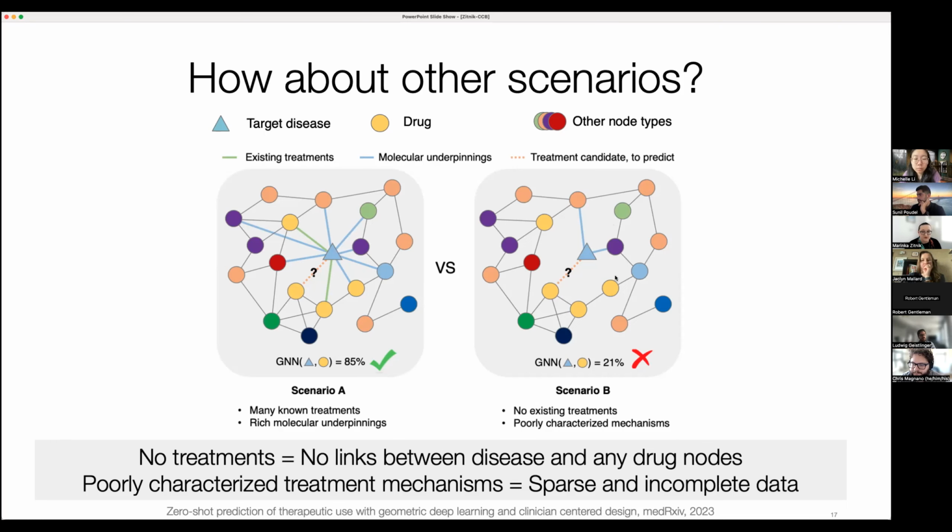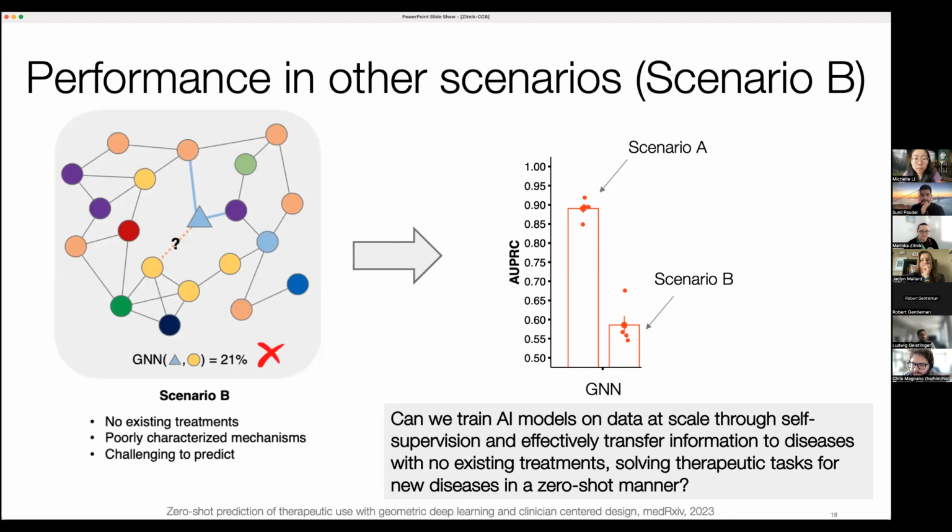So it becomes really challenging for existing methods to perform well in those settings. And this is not just speculation. We can evaluate state-of-the-art models under scenario B, where the model is tasked at test time to predict and reason about diseases with no treatments, which could not be easily modeled. And we can see that performance really drops drastically.